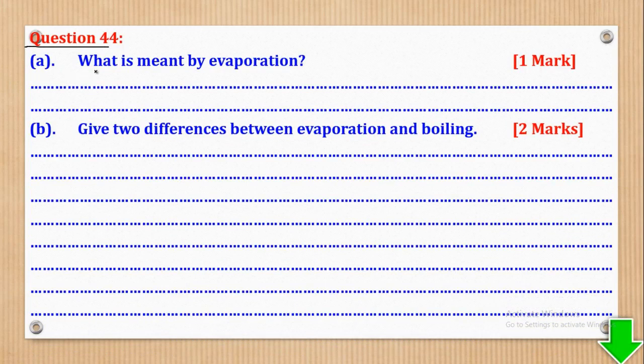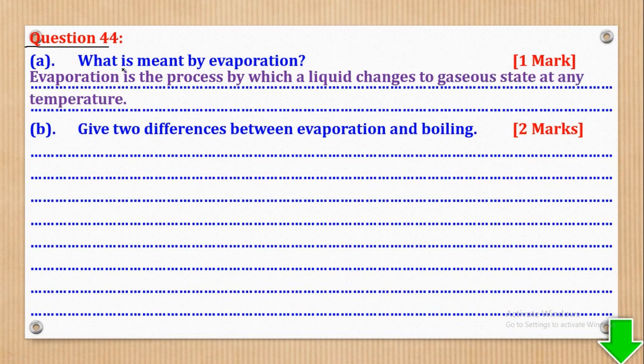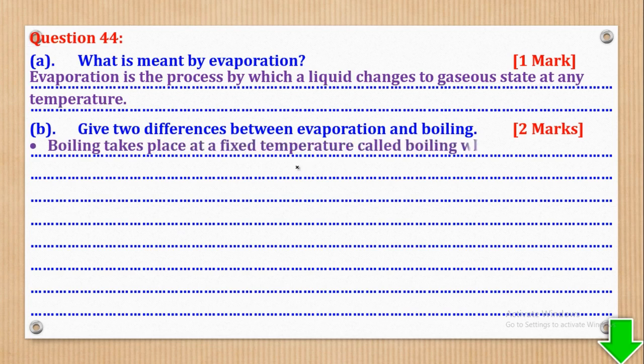Part A says, what is meant by evaporation? So here we shall come and say that evaporation is the process by which a liquid changes to gaseous state at any temperature. Know this word, any temperature. Then give two differences between evaporation and boiling.